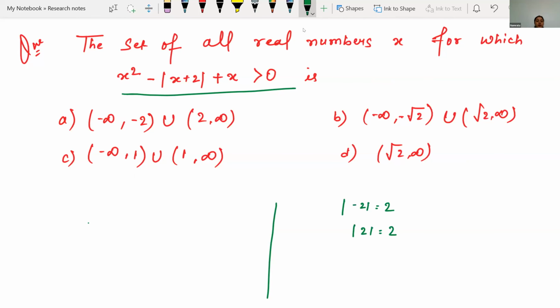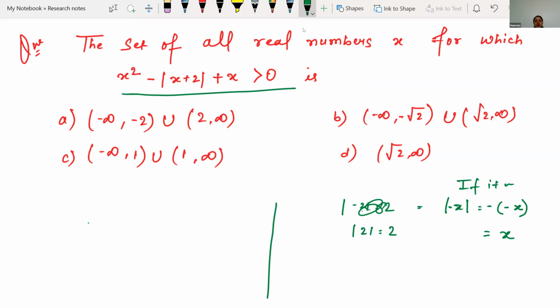So basically the modulus function says if you are having a negative number, the output of modulus of x, if x is negative, will be minus x. It just gives one more minus sign, and that's why it is becoming positive, right?